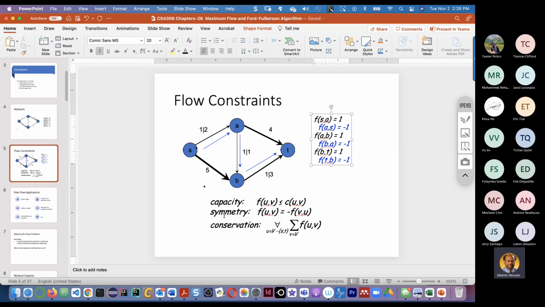This is the symmetric rule: flow of U to V equals negative flow of V to U. And if we pass from A to B 1 unit, then flow of B to A will be negative 1 unit.